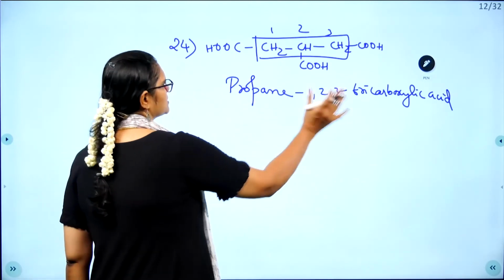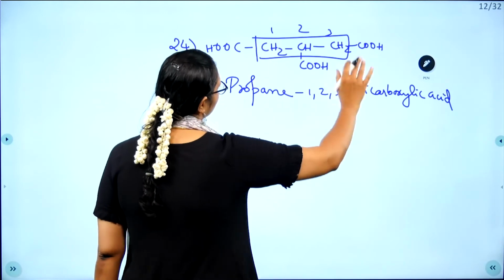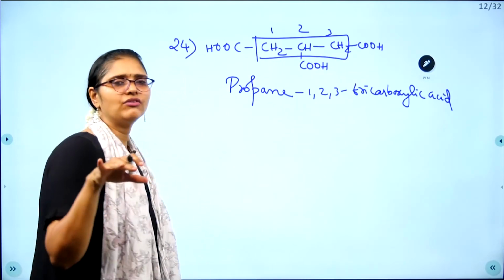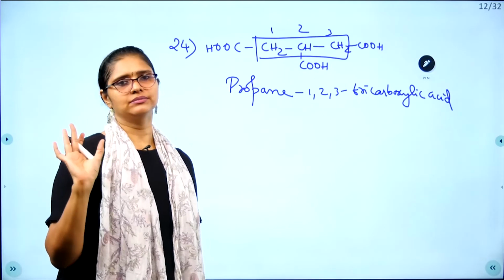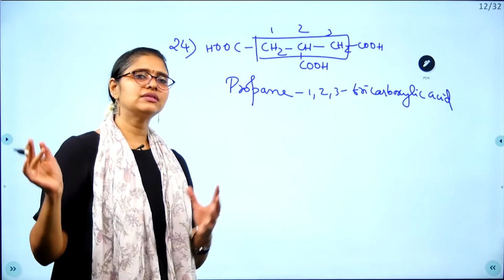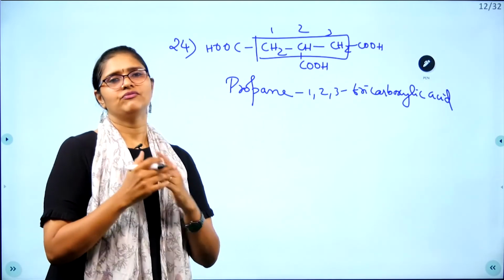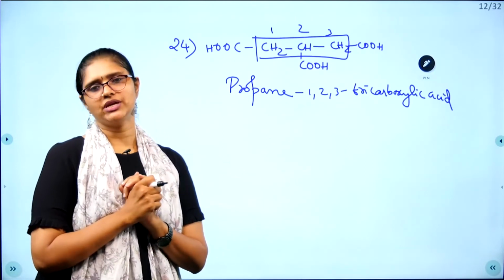So why carboxylic acid? Because you didn't include them in the numbering. Suppose if you include them in the numbering, the name would be oic acid. You understand? Since there are 3 COOH groups, we have to exclude all COOH groups from the numbering. Okay.